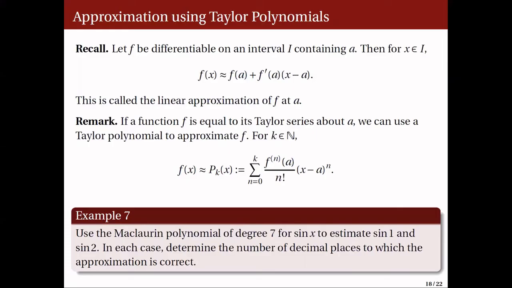Number one, we can use Maclaurin polynomials to estimate the values of sine 1 and sine 2. We know that sine 1 and sine 2 are not easy to compute because 1 and 2 are not special values for the sine function. And number two, it tells us that we can use Taylor polynomials to determine how accurate our approximation is.